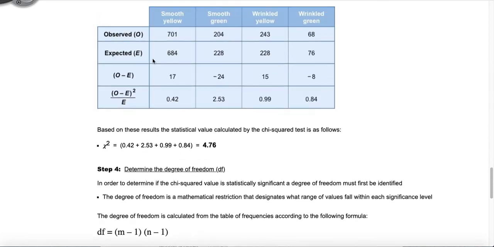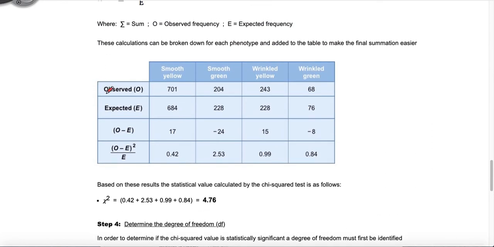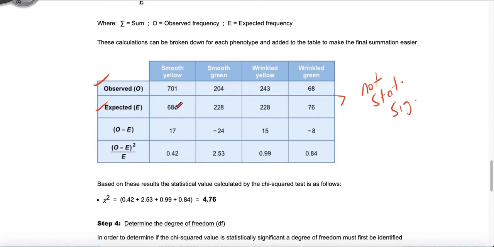So what that means is if I look at my observed values, they are very similar to Mendel's expected values. So if my results are not statistically significant, okay, that means that what I observed in my experiment was not different from what Mendel expected in his experiments. Okay, so pretty much what I'm saying here is I got the same results as Mendel.